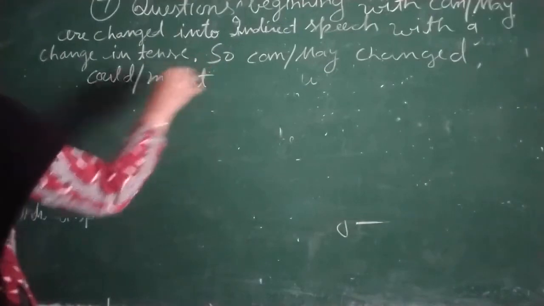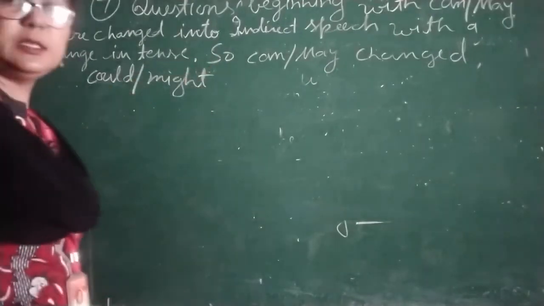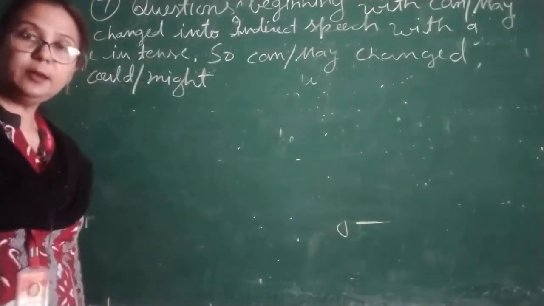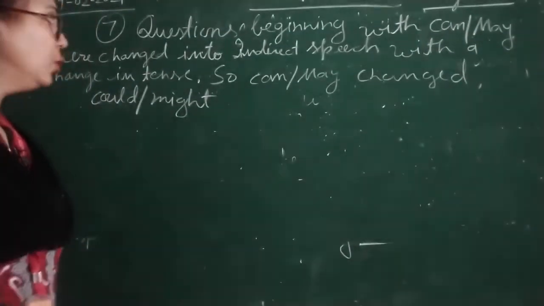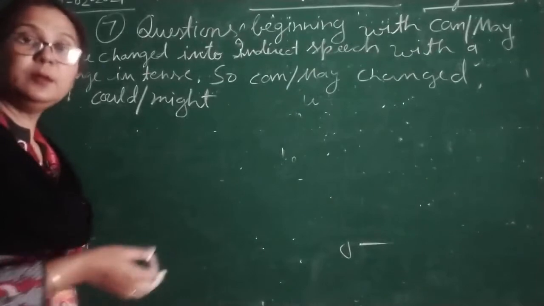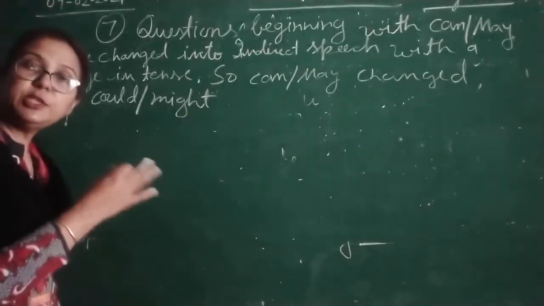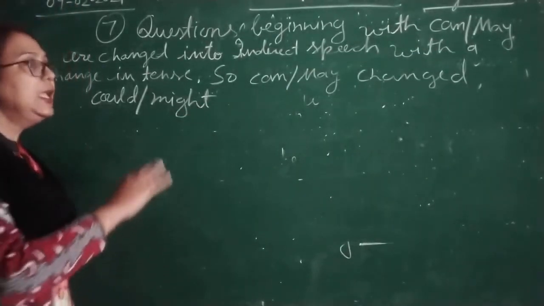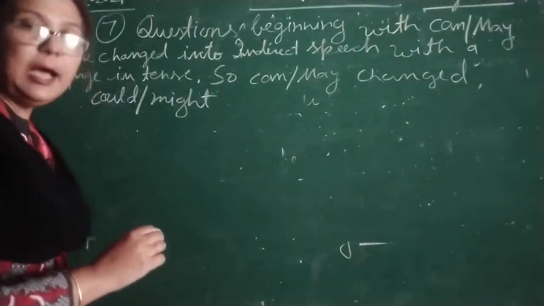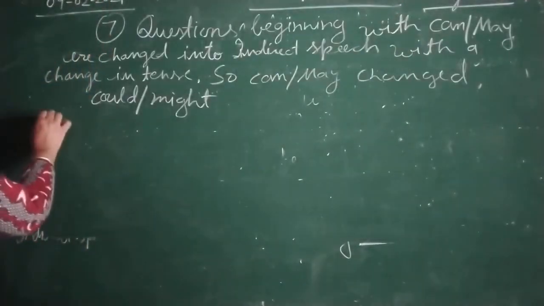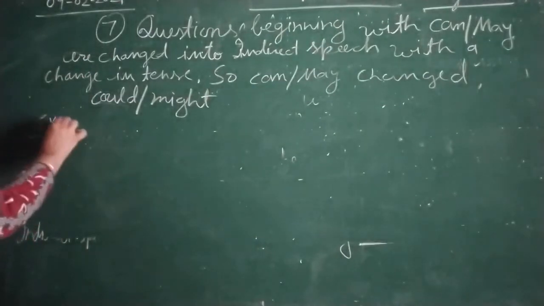And rest of the thing will remain same as we have discussed with the shall and will. So in questions, if it is beginning with may and can, so we will change in the tense and we will write it could and might. So I'll give you example for that.